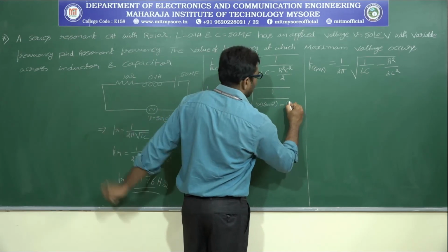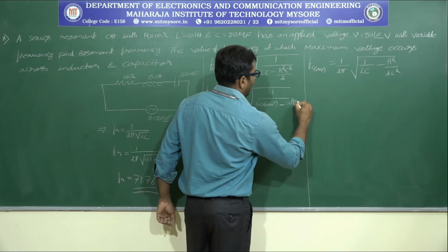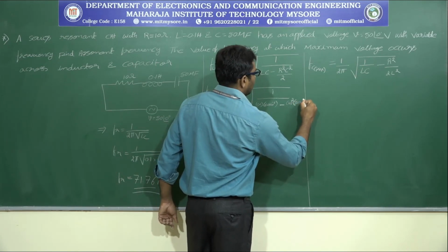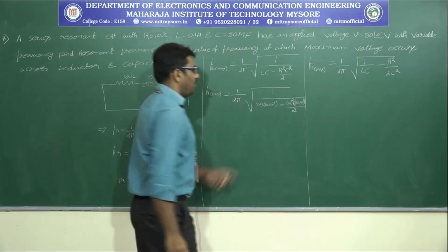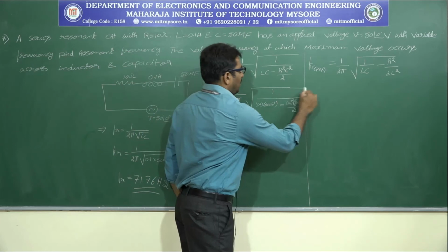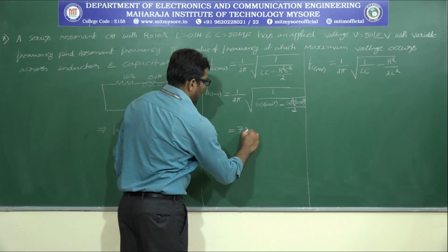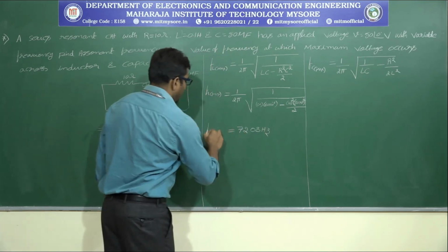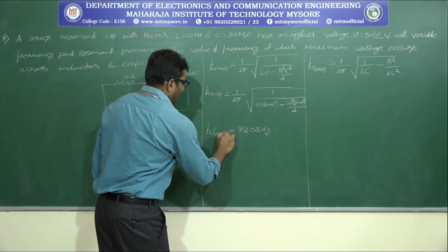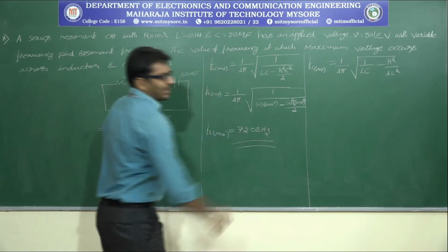How much? R is equal to 10, square, into 50 into 10 power minus 6, whole square, divided by 2. Just simplify this expression by using a calculator. You will get 72.08 Hertz. This is the frequency at which we can obtain a maximum voltage drop across the inductor.